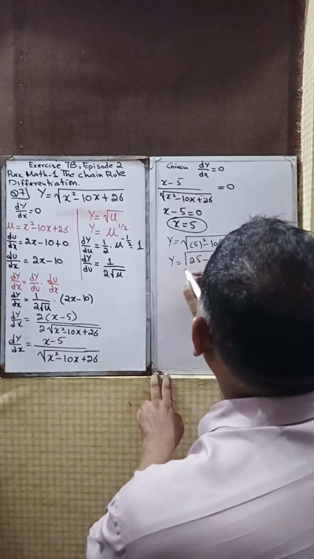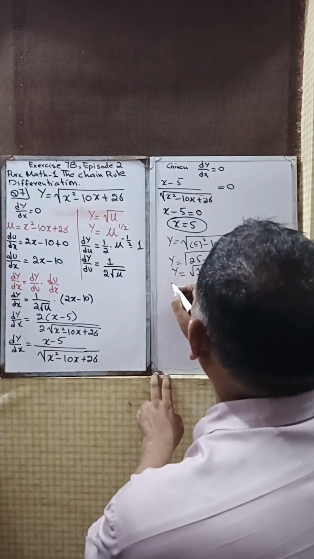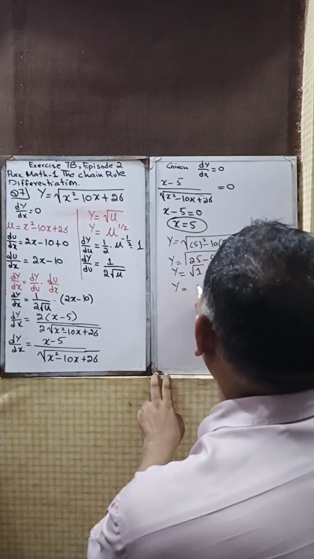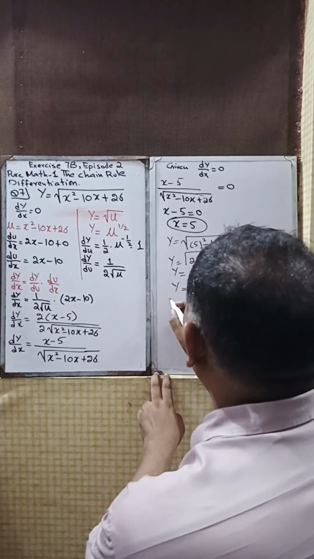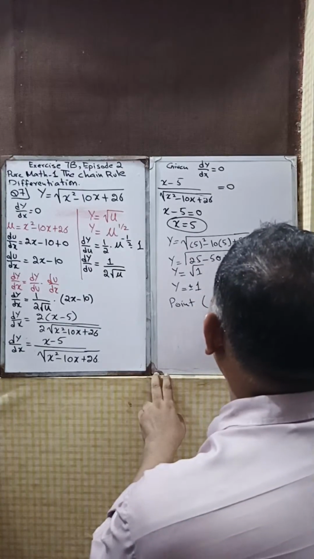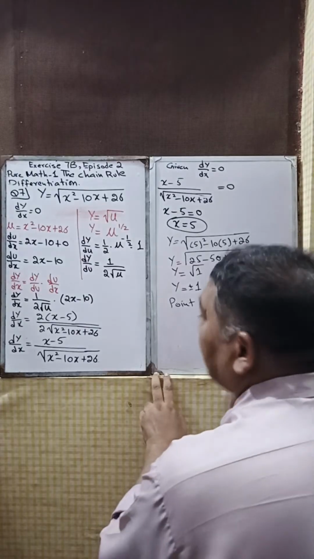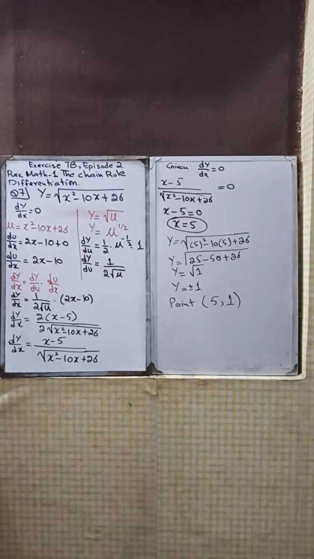This becomes 51 minus 50, so you are left with 1. And so the y value can be 1. It is positive, negative. So the point's coordinates are 5 comma 1, and it can also be 5 comma minus 1, because there are two values of y.